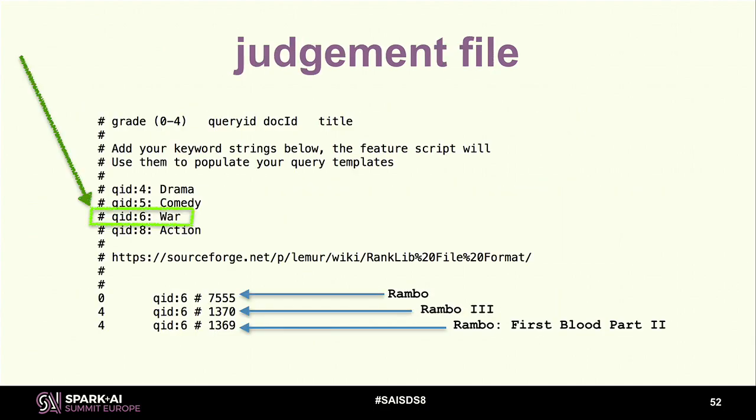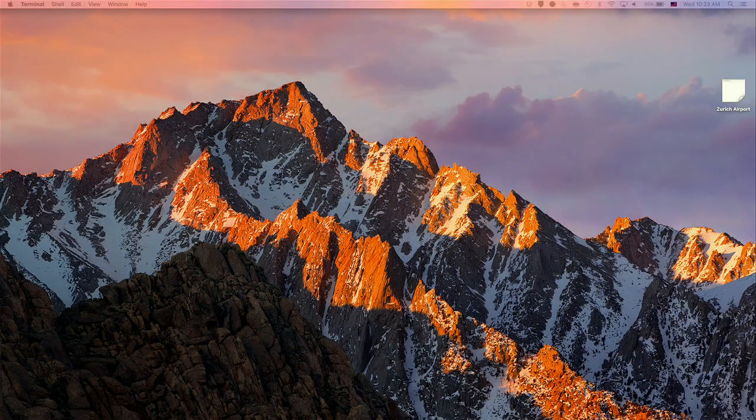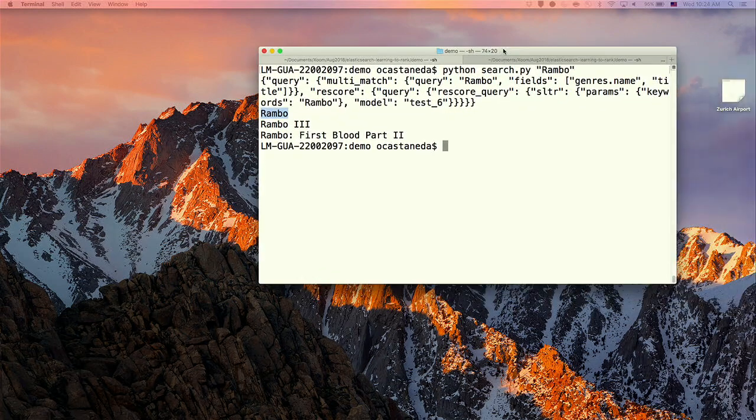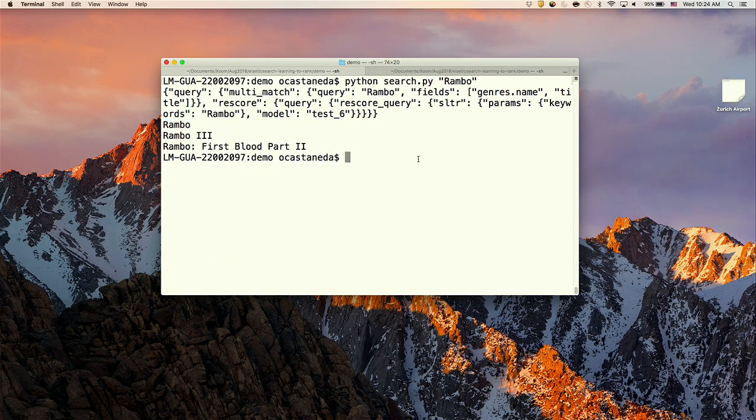So what happens if we search for Rambo? That's the first question that could come to mind. So let's give that a try. I searched for Rambo, and it showed up as the first search result.